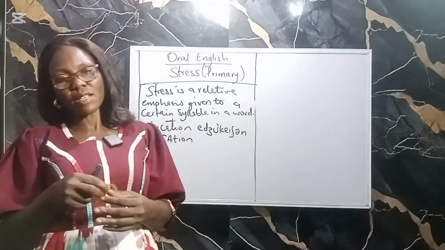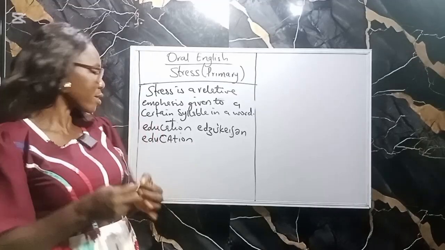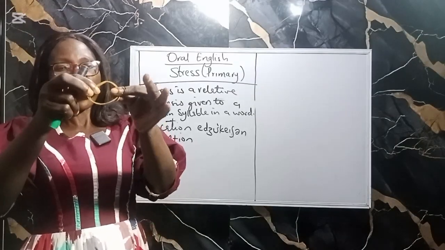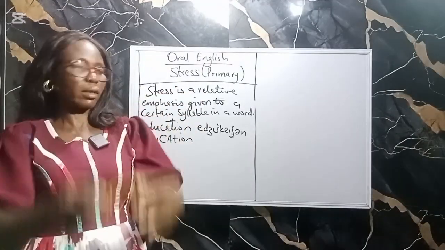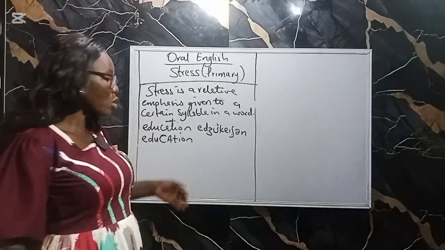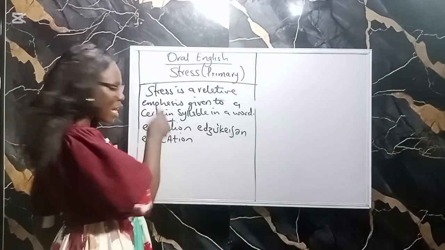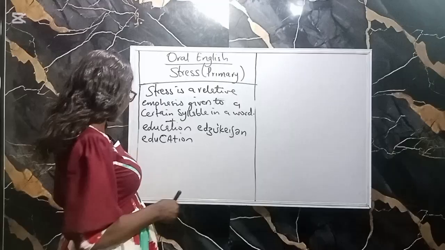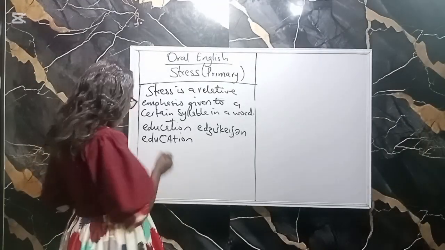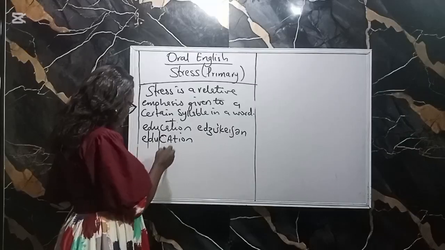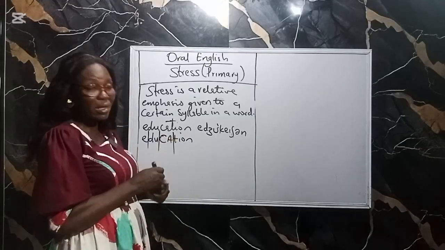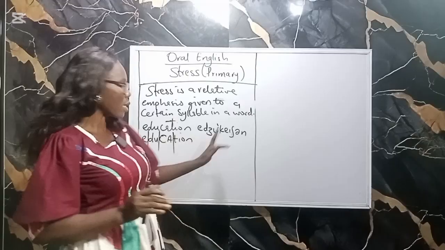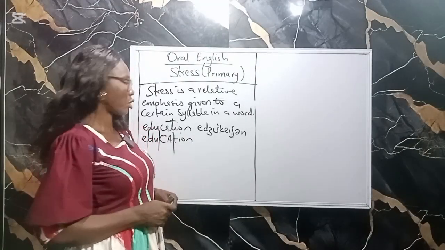In K, that is where we stretch it. Now let's see it again. Education. Okay? Now that is what we mean by the smallest unit of an utterance. So what is that smallest unit? We have one small unit here, another one, and this one. We have 4 syllables in education.